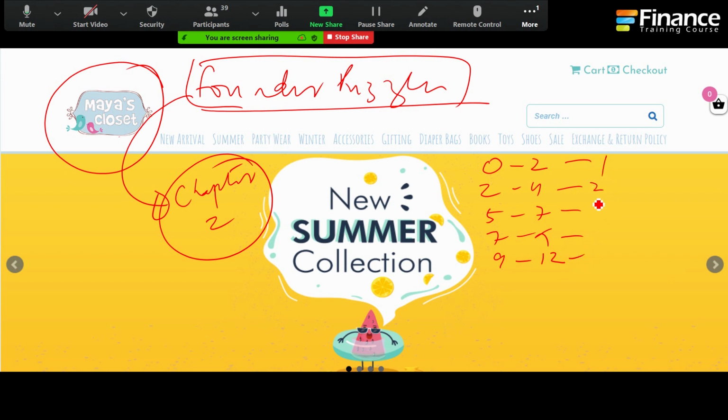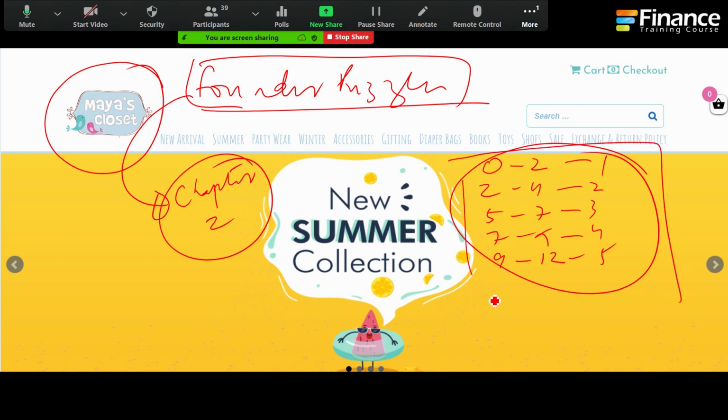They basically sell clothing, accessories, shoes, books, gifts, party wear, toys to these 5 segments. And the people who buy for these 5 segments are essentially mothers. So mothers buy clothes, right?